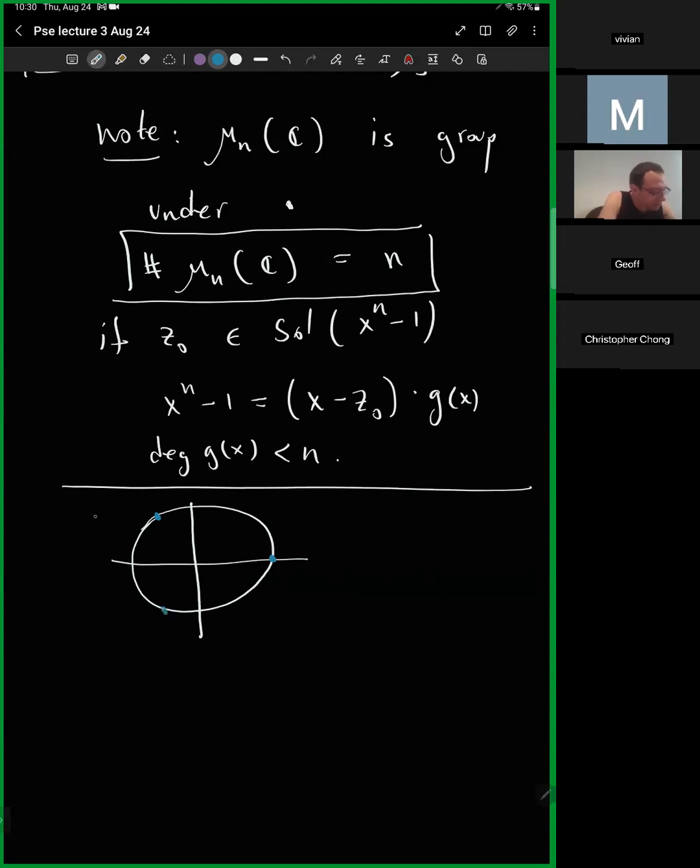Let's say n is equal to 3. And this subset is also a group under the same operation. And it also has the same neutral element, right? Because here, 1 is also the neutral element of the group S1.